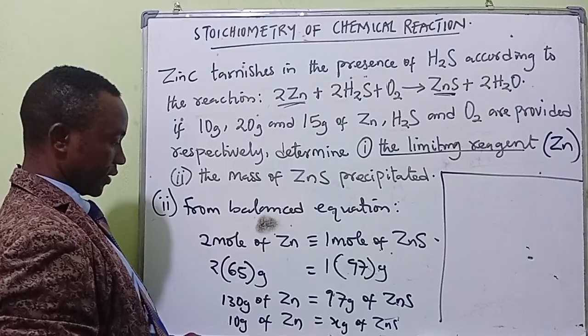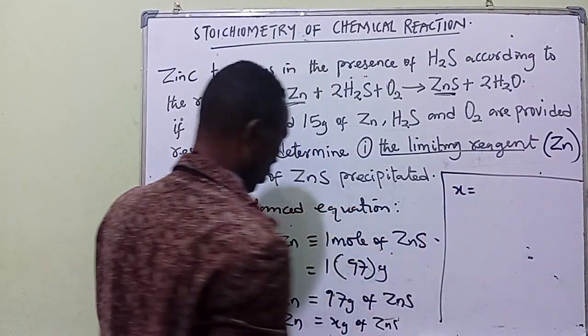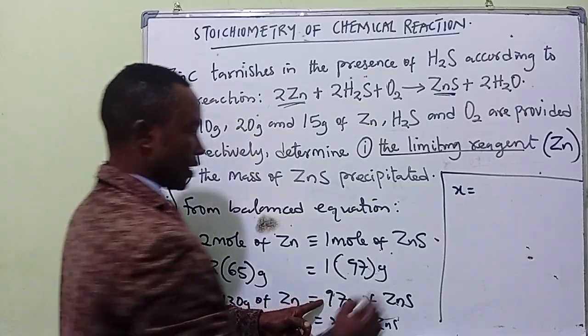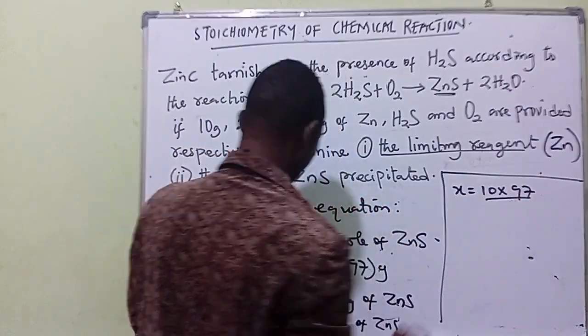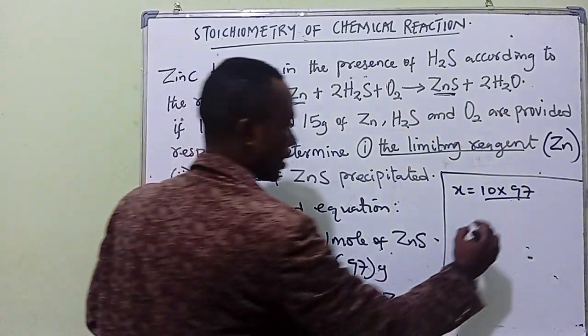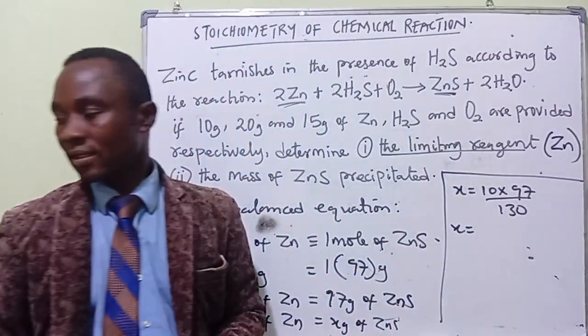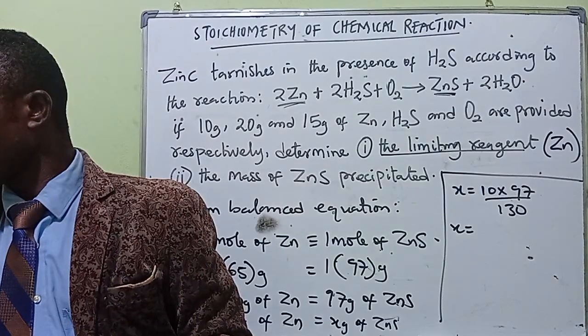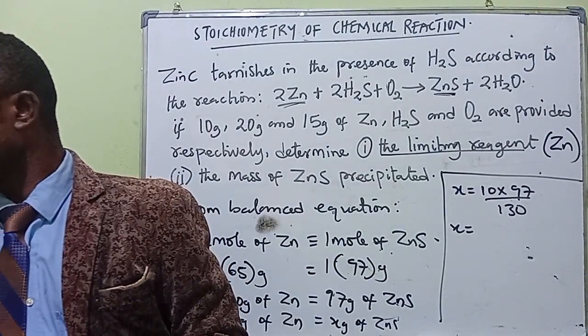So how do we get X? We cross multiply. So you can see that X will be equal to 10 times 97, then divided by 130. So our X will become 10 times 97 divided by 130, which will give us 7.5.